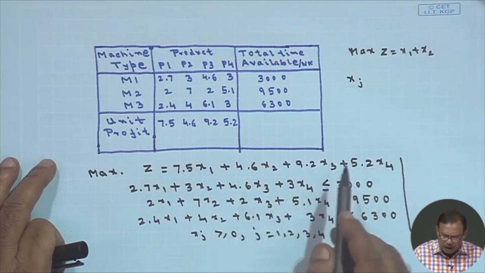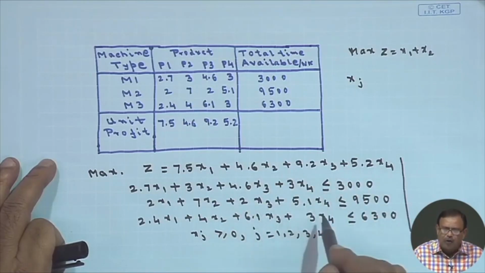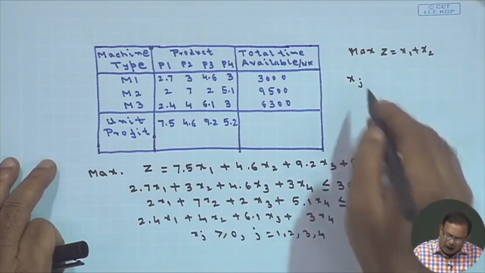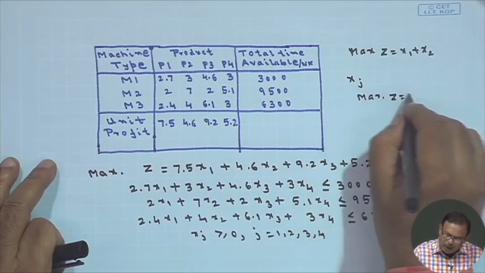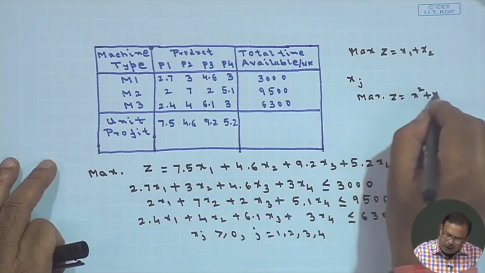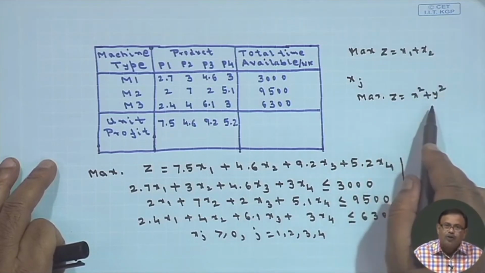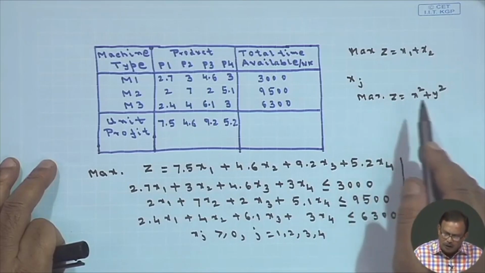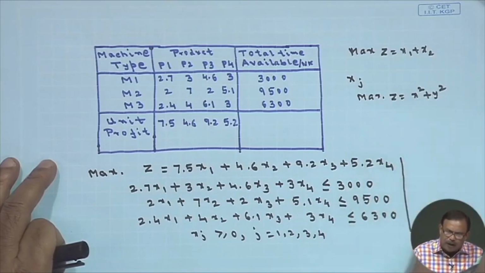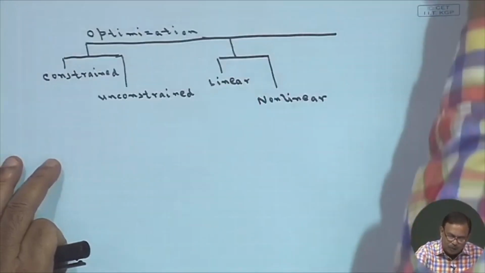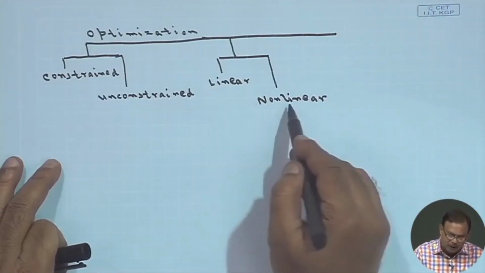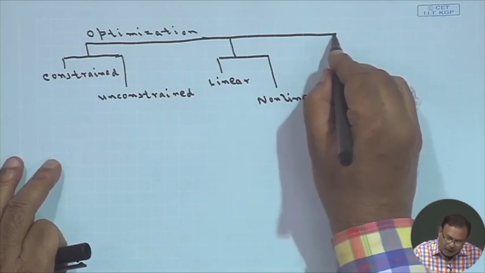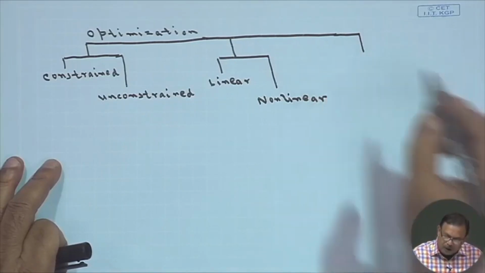So this is linear and the constraints are also linear. Another type of function I can make is, say, maximize z equals x square plus y square. So it becomes non-linear. In optimization we try to solve both linear and non-linear functions. It may be linear, it may be non-linear.